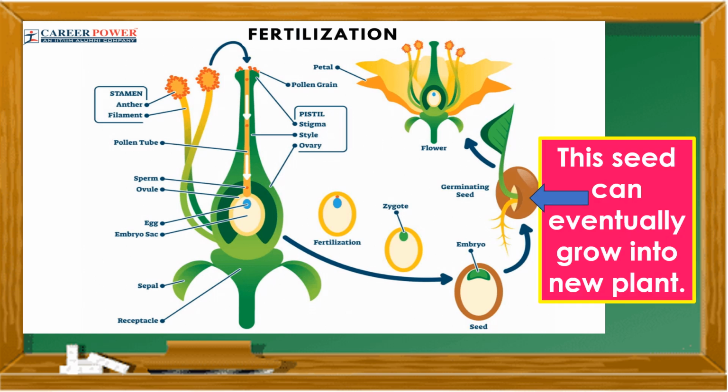The ovary then enlarges and thickens its walls to become a fruit. This will be the receptacle for the seeds. These seeds can eventually grow into new plants. So in sexual reproduction, plants grow from seeds.